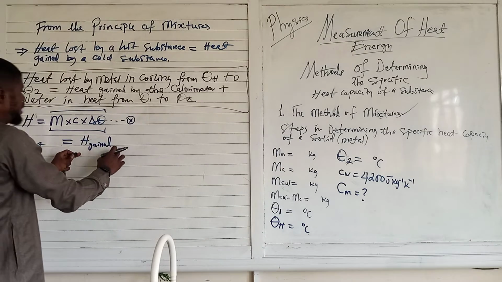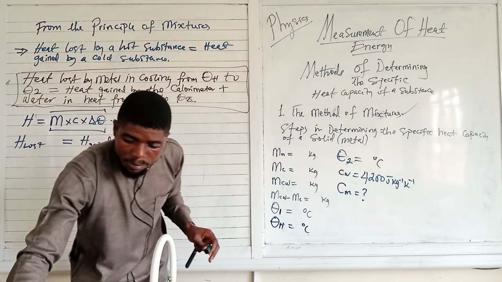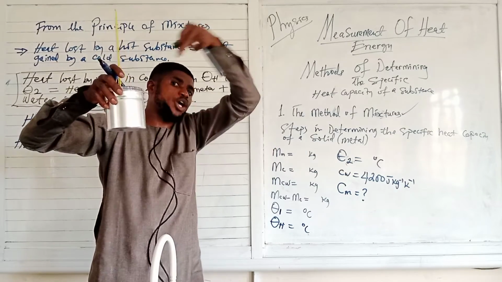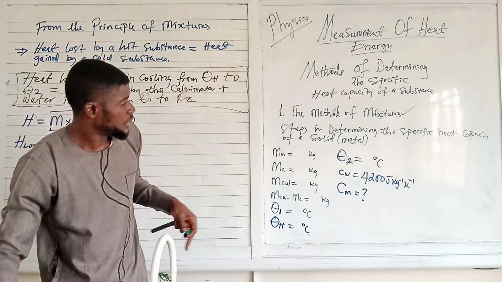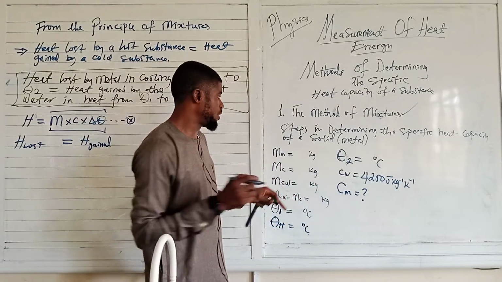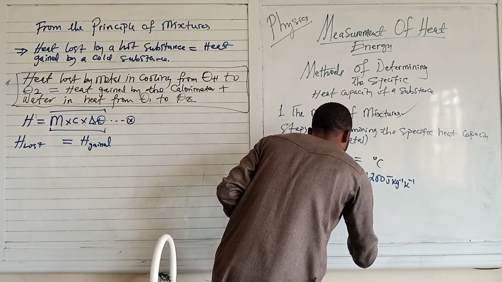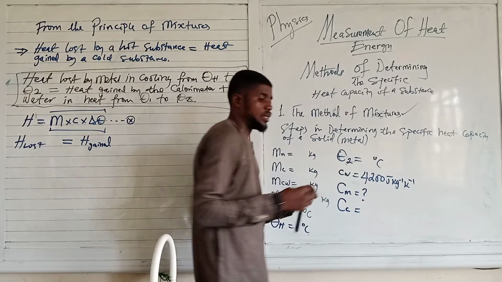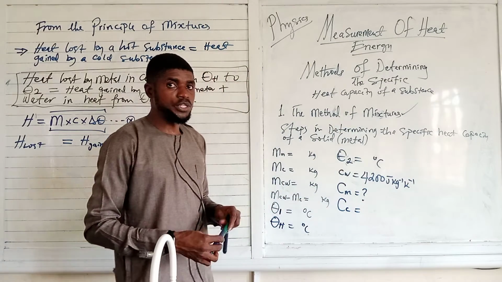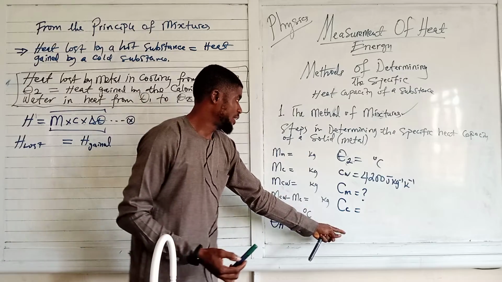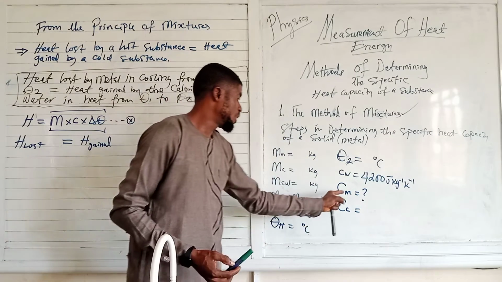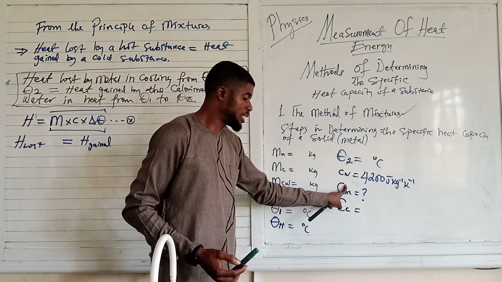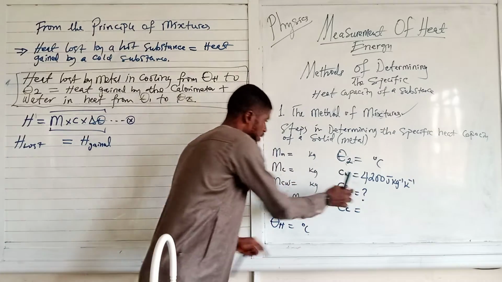Now, heat is gained by the calorimeter and the water contents. In this experiment, I forgot something. The specific heat capacity of the calorimeter will also be given. It's also a constant. It will be given. And then the next thing you have to calculate is what? The specific heat capacity of the metal.